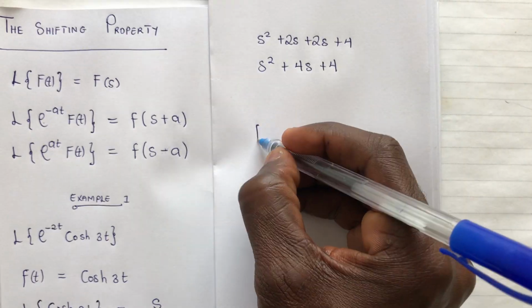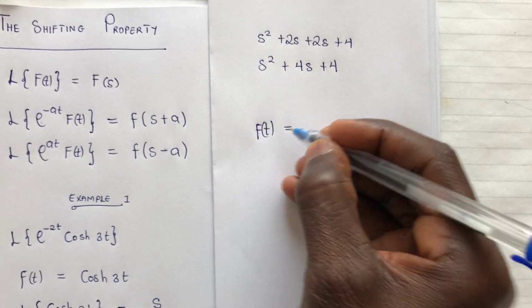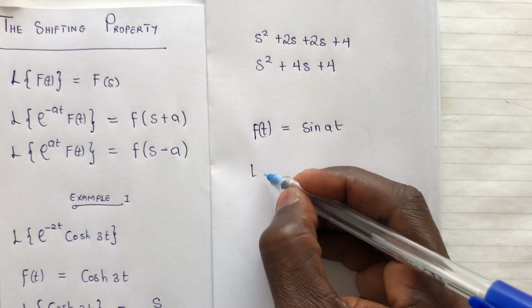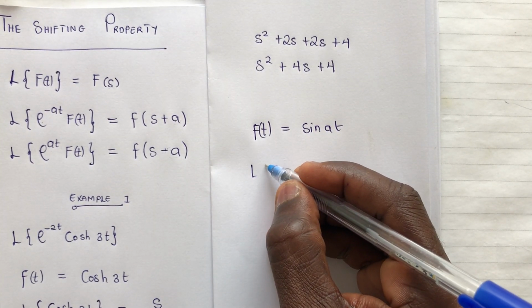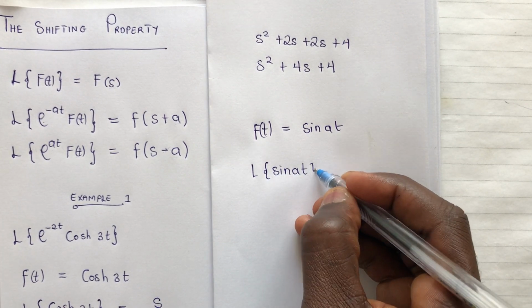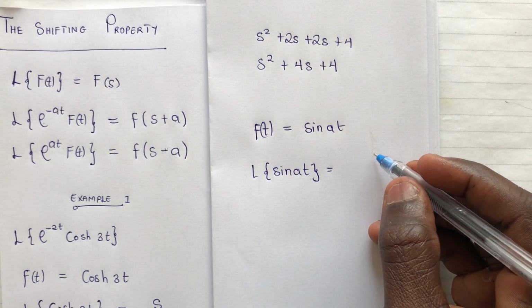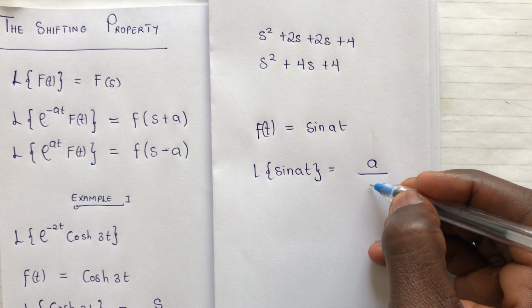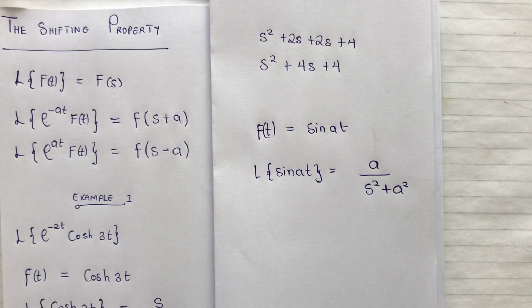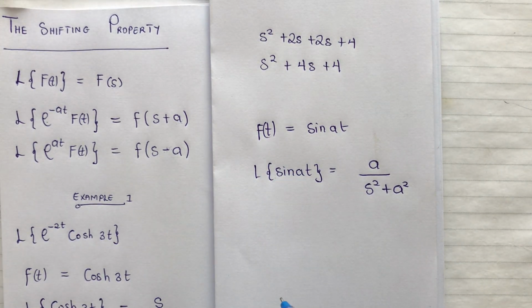Let's come here. If f of t equals sine at, then the Laplace transform of sine at will generate the result a over s squared plus a squared. Please, I have this video in this playlist.